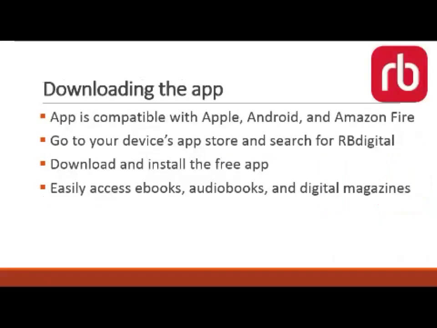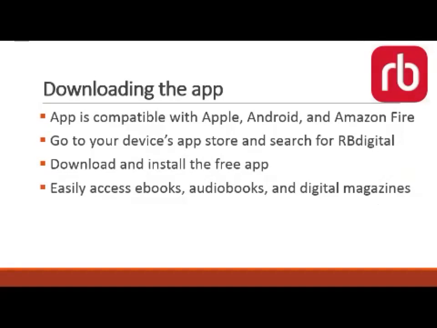So how do we go about downloading the app? The RBdigital app is compatible with Apple and Android devices, as well as some Amazon Fire tablets. To start, go to your device's App Store and search for RBdigital. That would be Google Play Store for Android devices, the App Store for Apple devices, and the Amazon App Store for Kindle Fire devices.